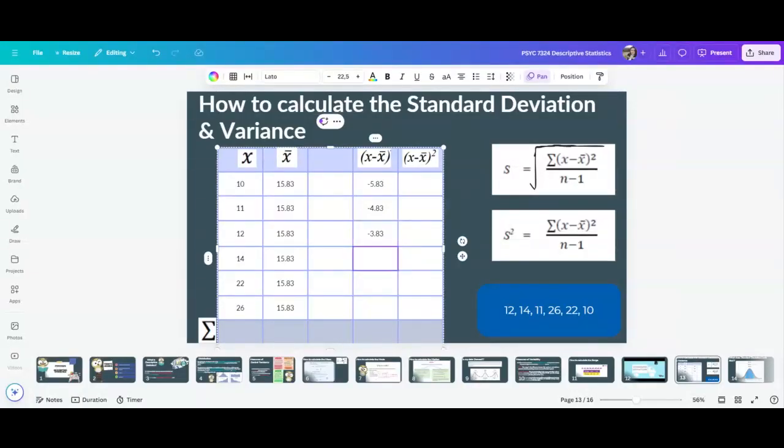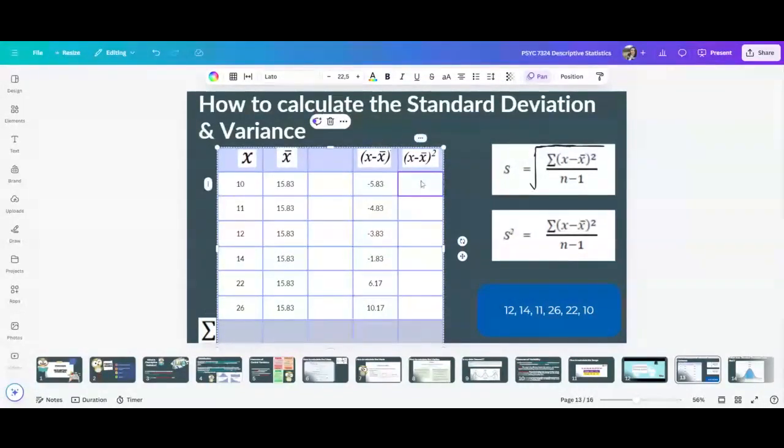Okay, correct. What is 14 minus 15.83? Yes, minus 1.83. Fabulous. And now we enter the positive realm. What is 22 minus 15.83? 6.17. Yes. Okay, and the last one, someone. 10.17. Fabulous. Guys, look at all the maths we're doing.